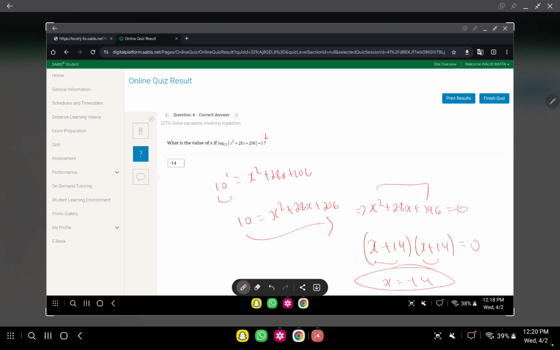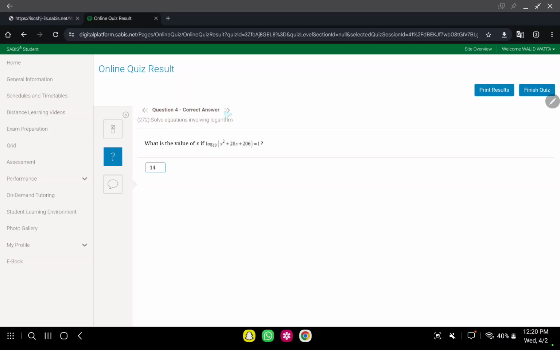Anyways, if it was like this, log base 10 of x, and you got x to be negative 14, then this is wrong, because all you have under the log is just x, and if that was negative 14, it would make it undefined. But here you have a whole equation under it, okay? So it doesn't differ.